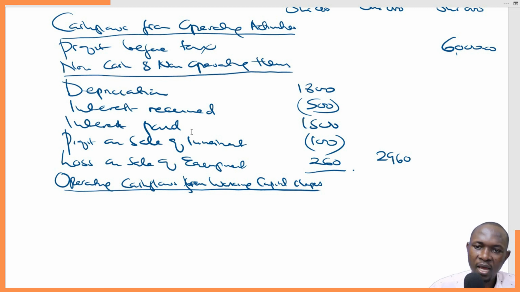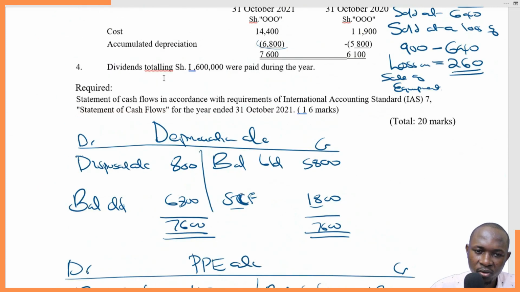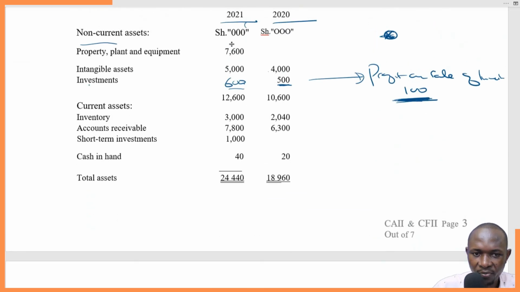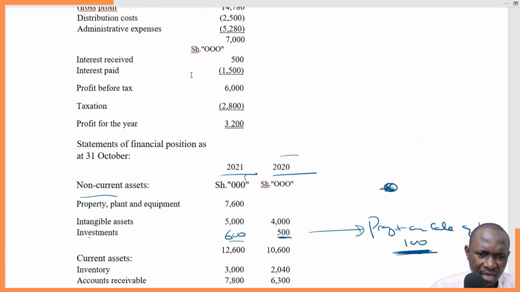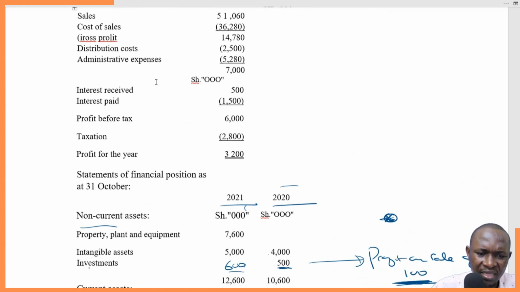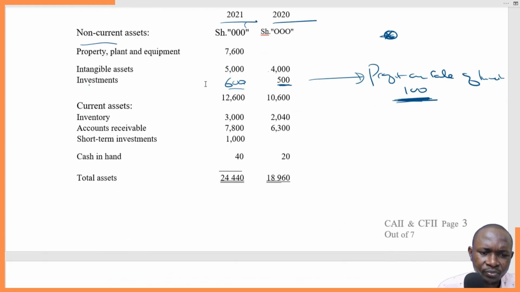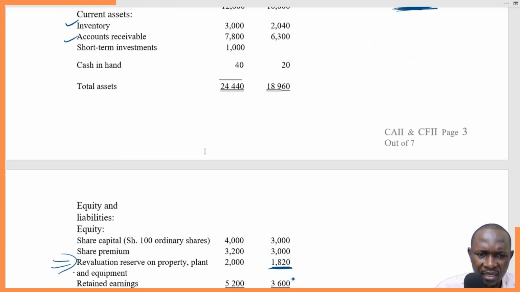So this is where now the comparison will come in when we talk about the current year and the preceding year. And normally the items that are in focus here are the inventories and accounts receivable for the assets, and then of course short-term investments and cash in hand.